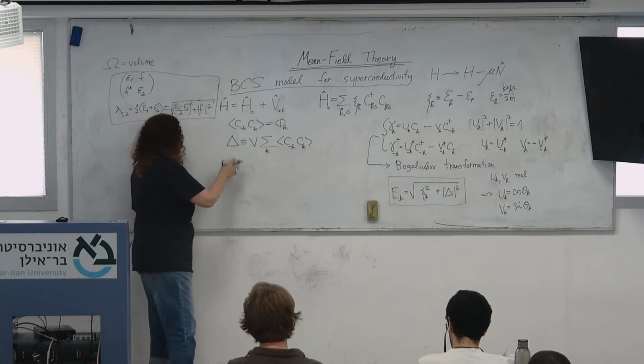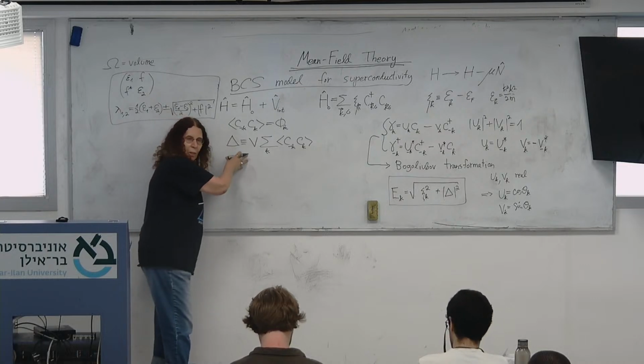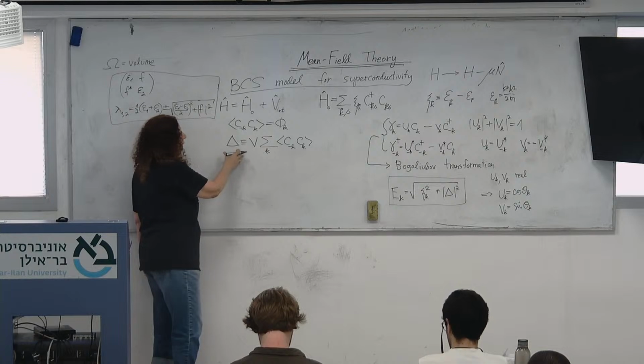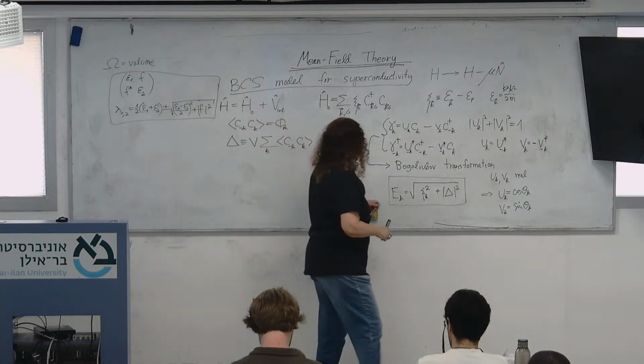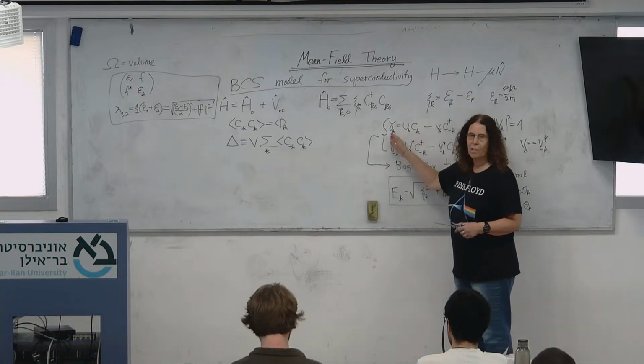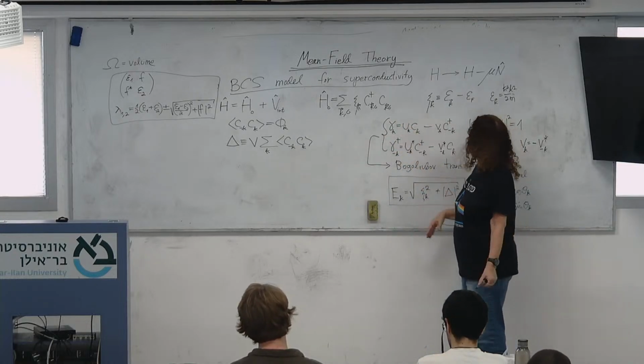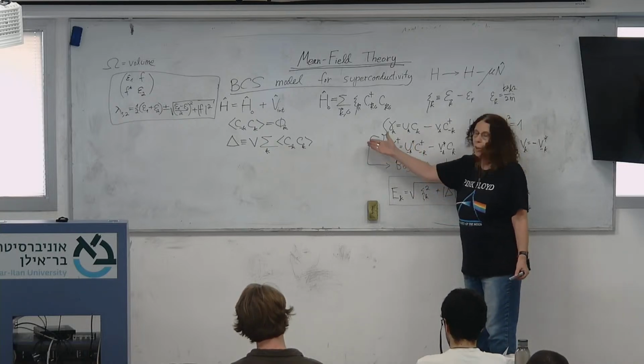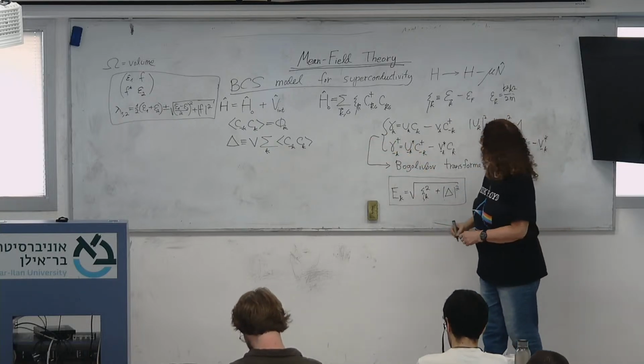And then this delta appeared in my Hamiltonian, and I found that I can diagonalize my Hamiltonian by defining new particles that are like trivial free particles for the new Hamiltonian, okay?